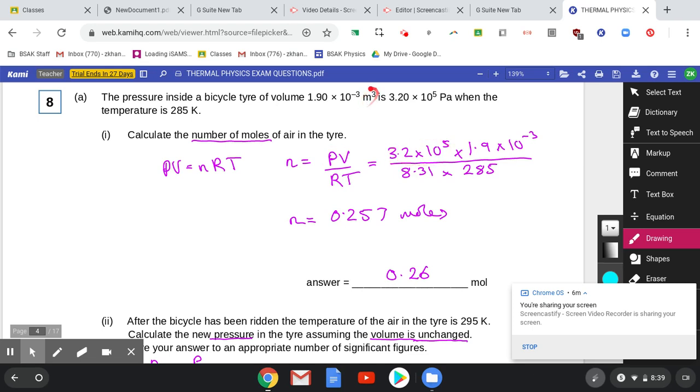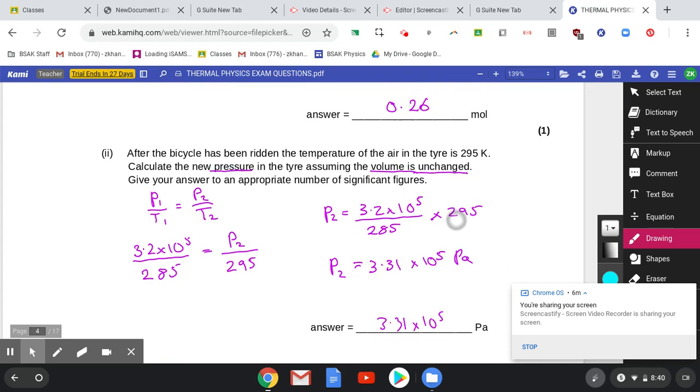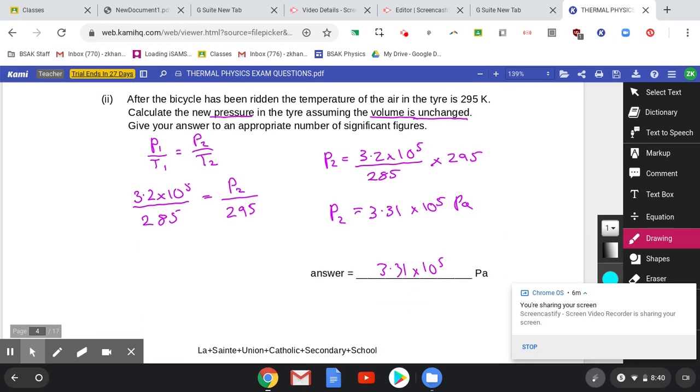The pressure is in pascals, 3.2 times 10 to the 5. The volume is in meters cubed, that's correct, 1.9 times 10 to the minus 3. The temperature is in Kelvin, that's 285, and the gas constant is 8.31, that'll be given to you. And rearrange, put the values into your calculator, you get an answer of 0.26.